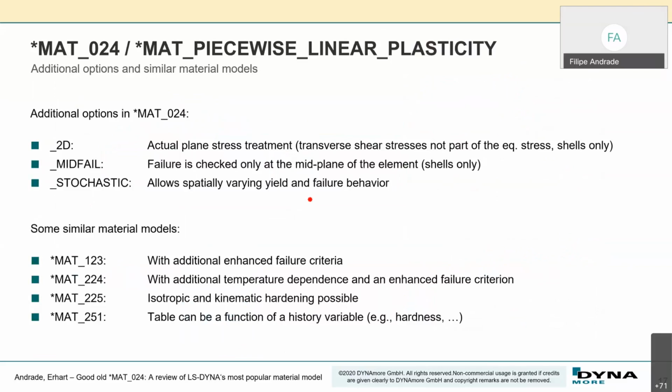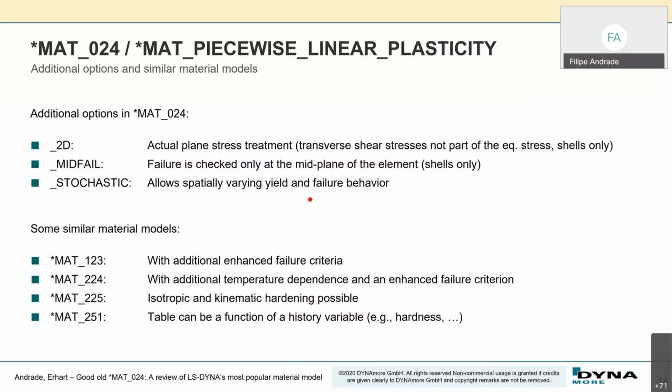And finally, I have here just a few more comments, additional options in MAT24. Perhaps you don't know some of them. The option _2D. Well, that's something that a lot of people don't know, but in MAT24, even if you're working with shells, we are using all the transverse shear stresses for calculating the equivalent stress.